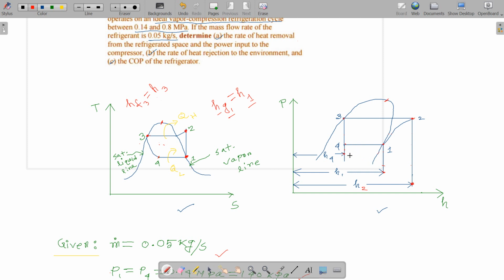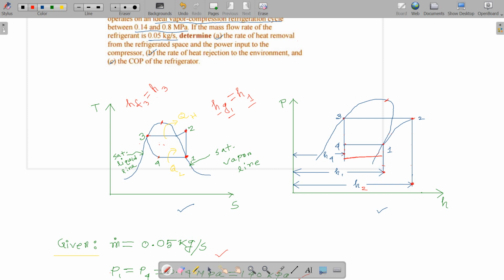So our heat removal is represented by this distance. What is this distance? This distance we can easily find by subtracting H4 from H1.